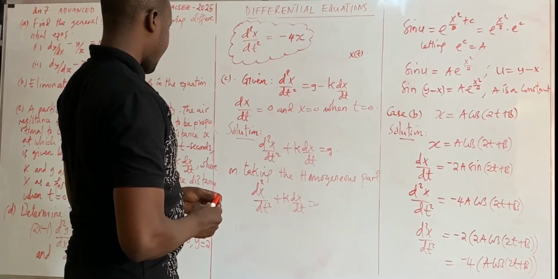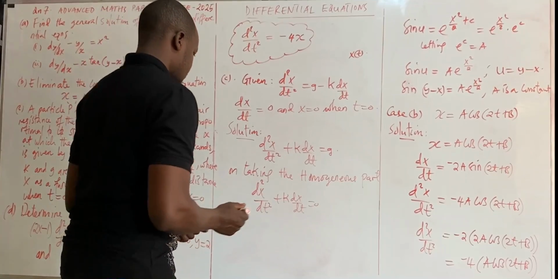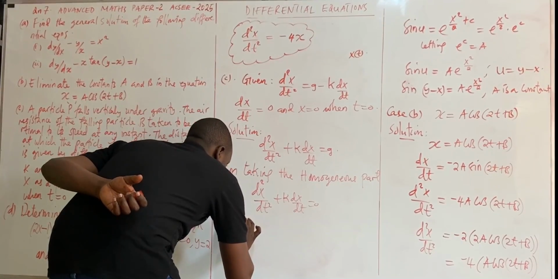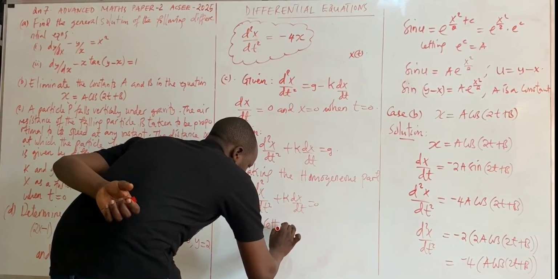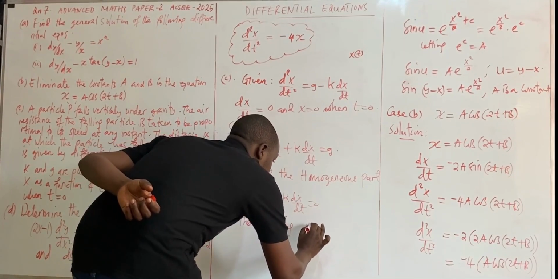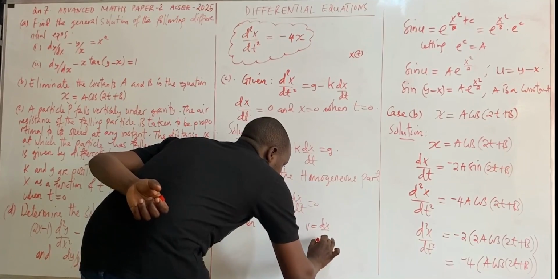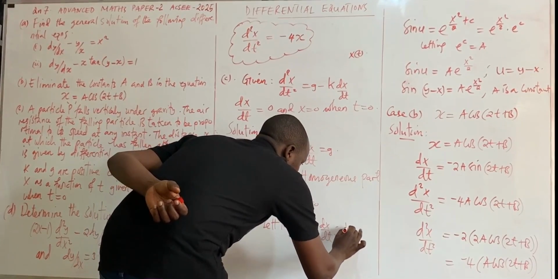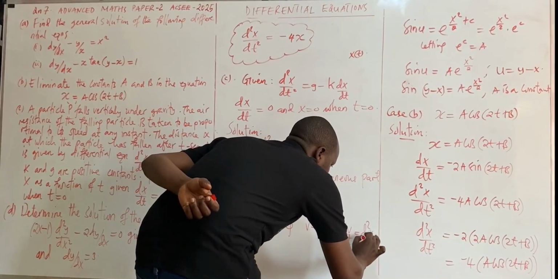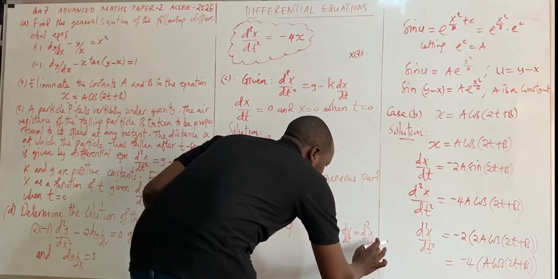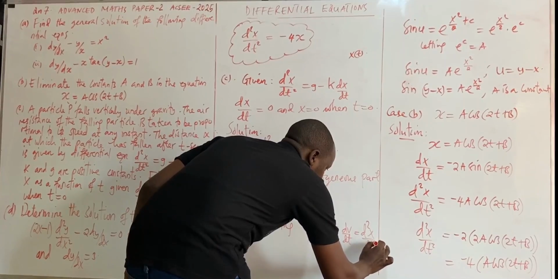From here, we set v equals dx/dt. It means dv/dt equals d squared x over dt squared.